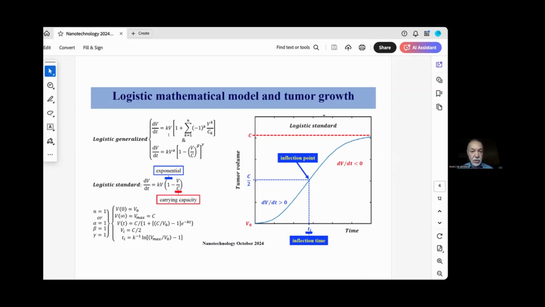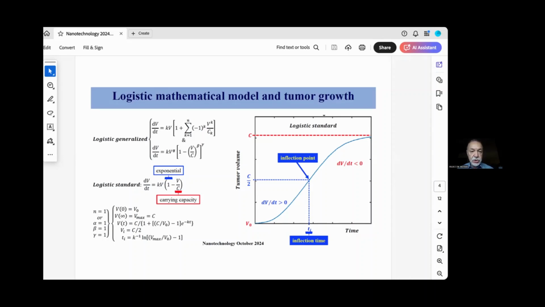The first approximation of the logistic model you can find in both cases. In the first case, the first approximation is just to use the first term in the summation, so we take just the linear term, which means your series goes up to n equals 1.